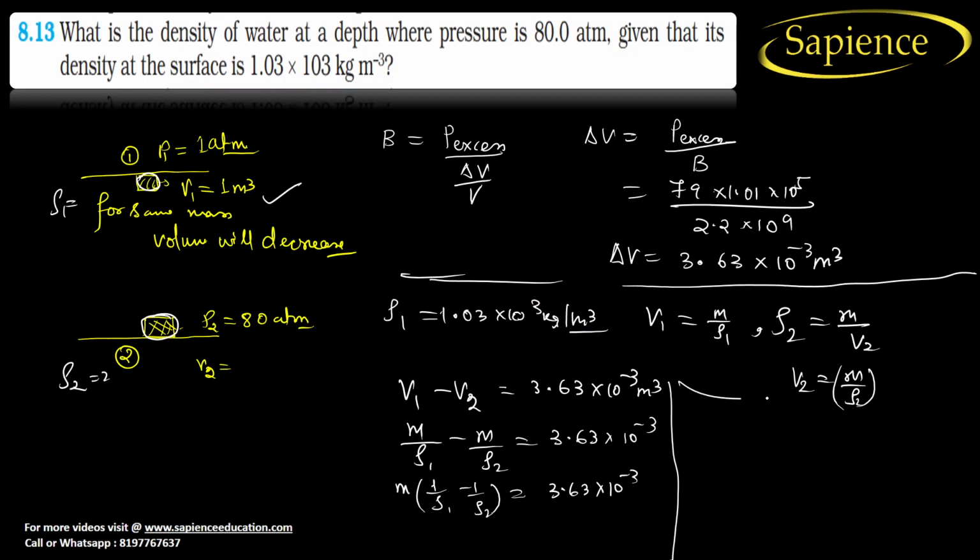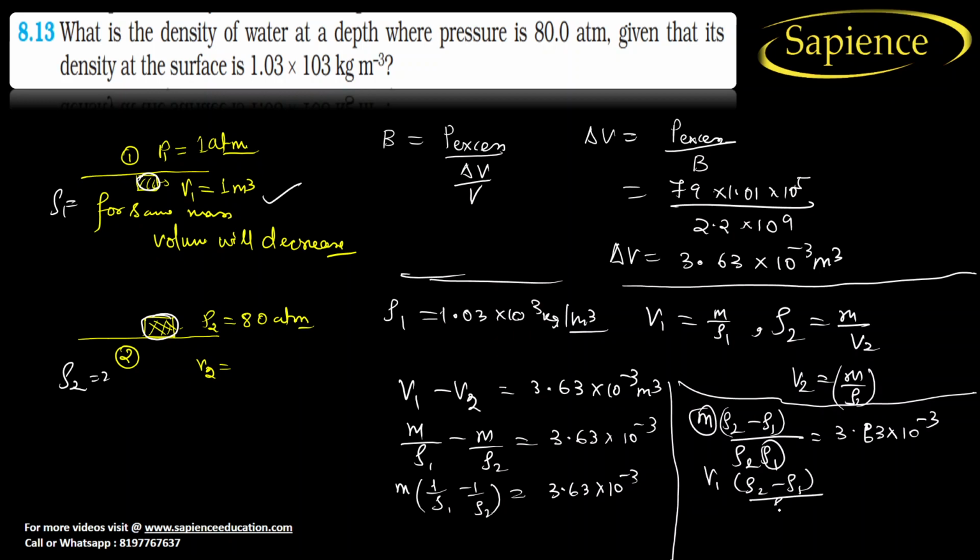Okay, now we can write m into (rho 2 minus rho 1) by (rho 2 into rho 1) is equal to 3.63 into 10 to the power minus 3. Now m by rho 1 is equal to V1, so V1 into (rho 2 minus rho 1) divided by rho 2 is equal to 3.63 into 10 to the power minus 3.